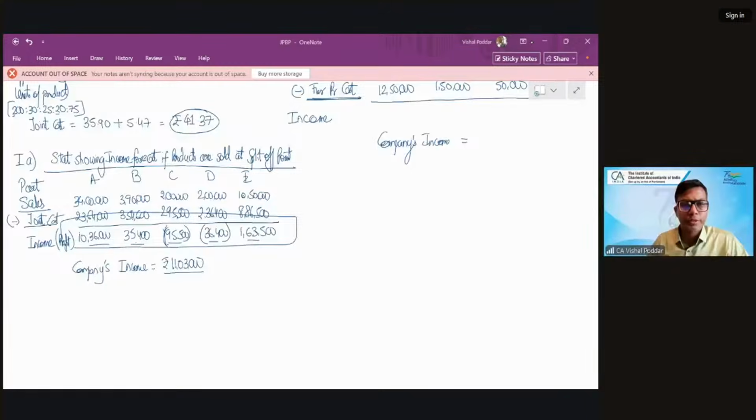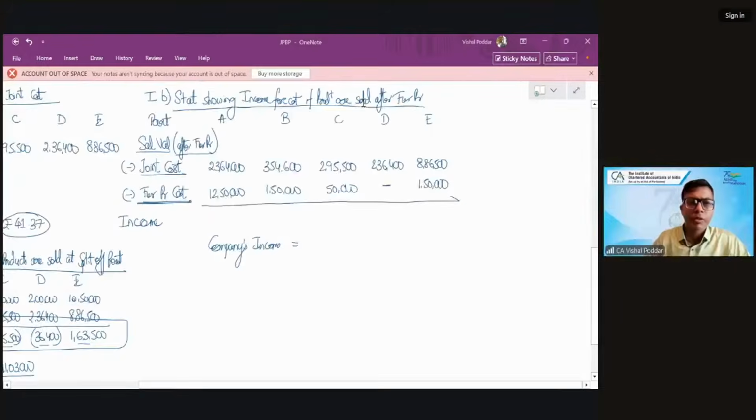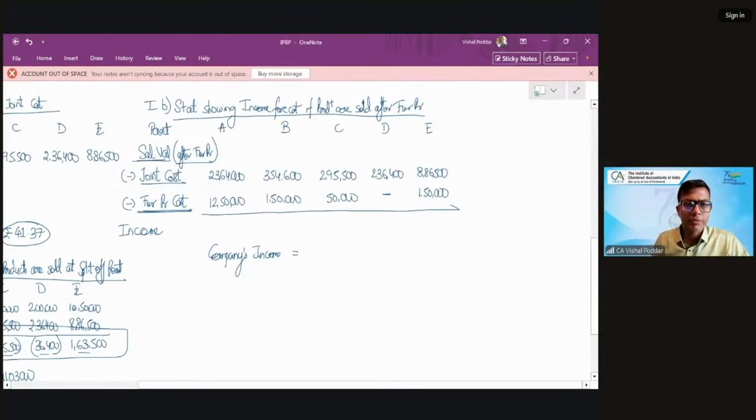Understood, students? The first part, or the first profits. On similar lines, we find out the second profits. So now we'll take sales value, which one, after further processing, by multiplying the units by the sales value after further processing. Now in this only one thing has to be remembered.